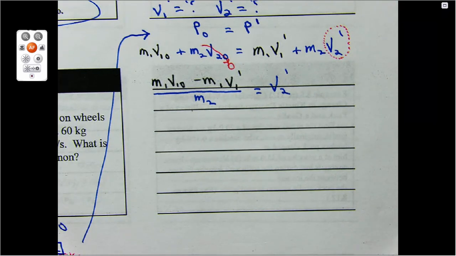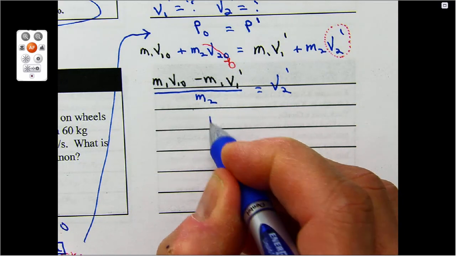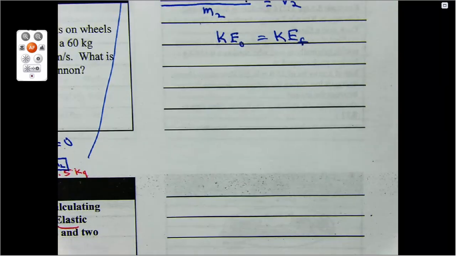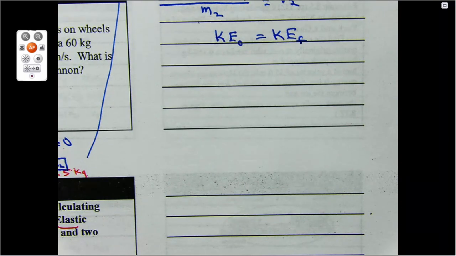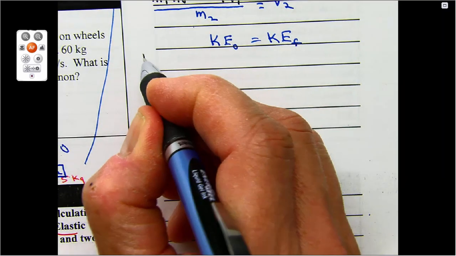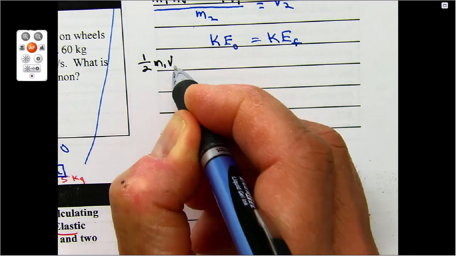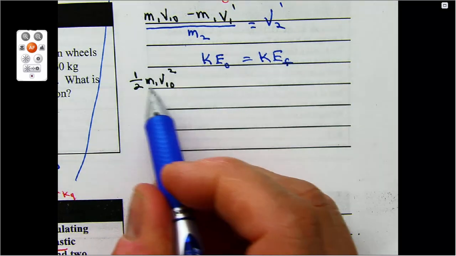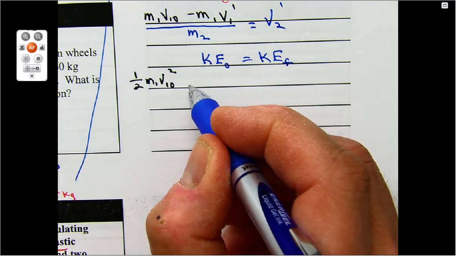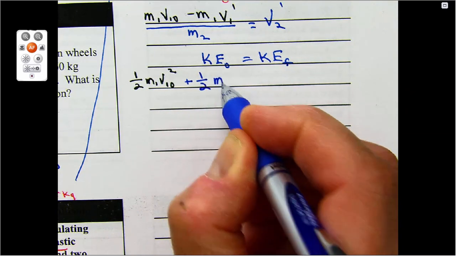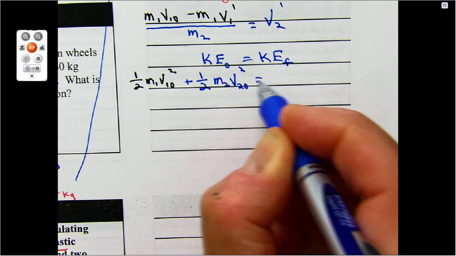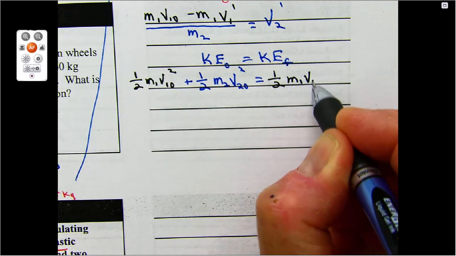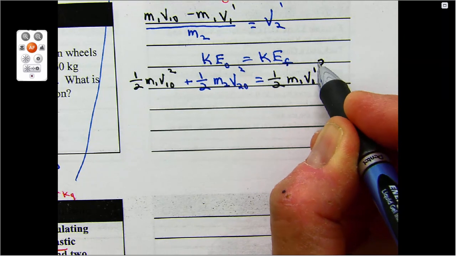So now, let's go with kinetic energy. So we would go 1/2 M1 V1 initial squared plus 1/2 M2 V2 initial squared equals 1/2 M1 V1 prime squared.